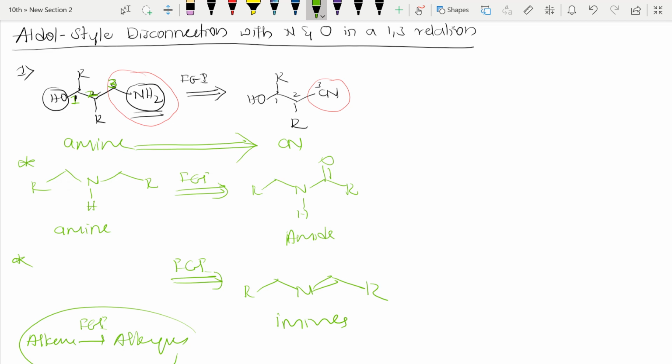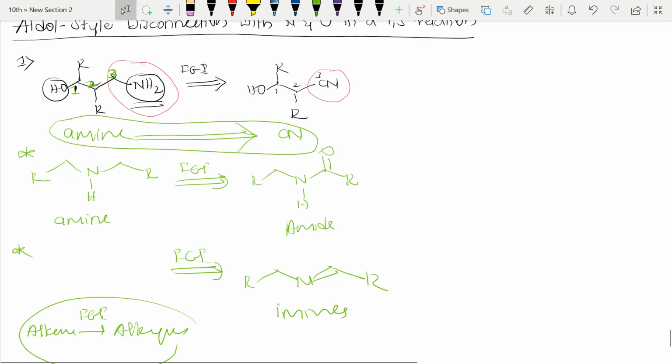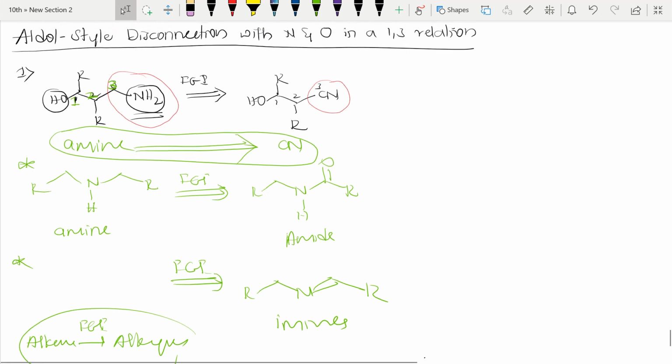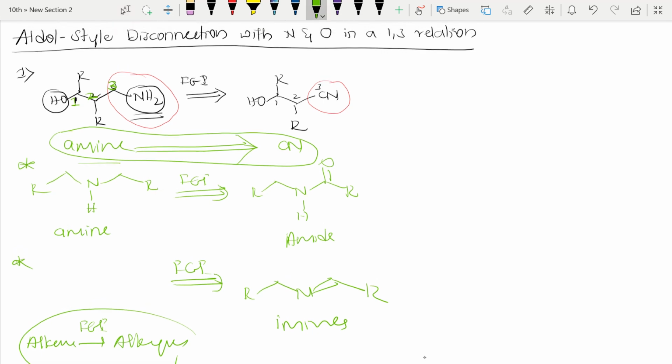Only in this case will I convert this amine into CN. You should not get confused. You may say, sir, you have converted amine to amide, amine to imines, so many things. But whenever there is a 1-3 relationship, only then will I convert amine to cyanide. Remember that. Further I will make one more, and there also I will tell you. No need to be confused. So you got it till now.